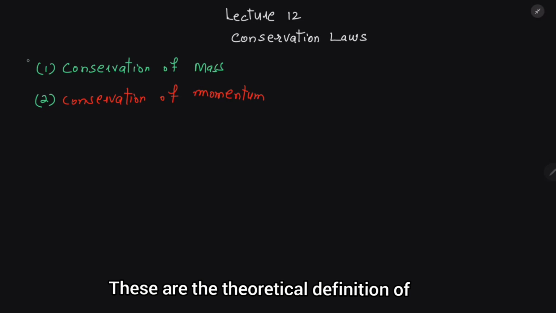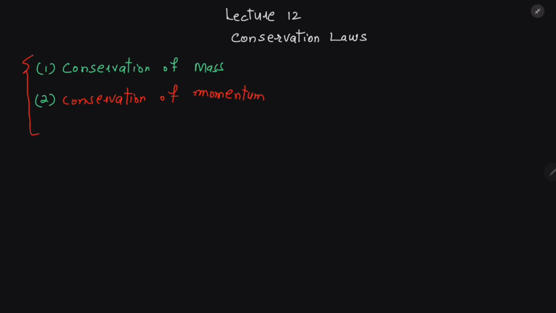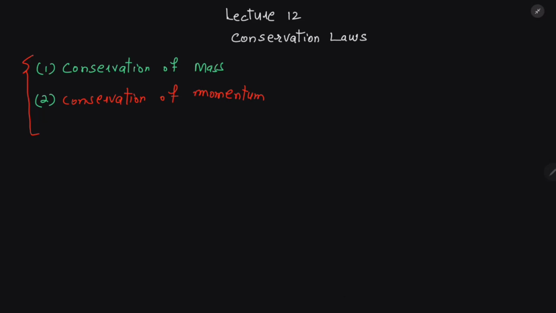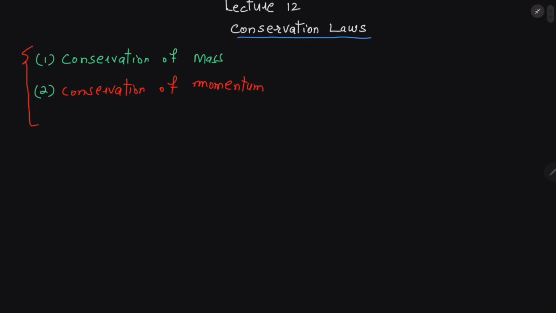These are the theoretical definitions of mass and momentum and some angular momentum, and so on. Energy, conservation of energy. How do we write conservation laws in mathematical form?